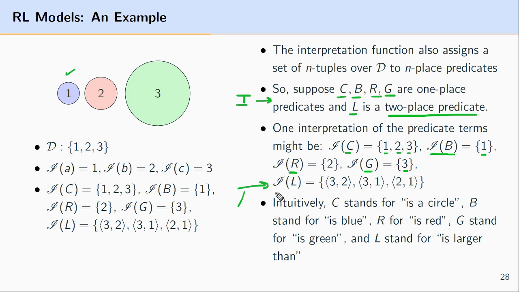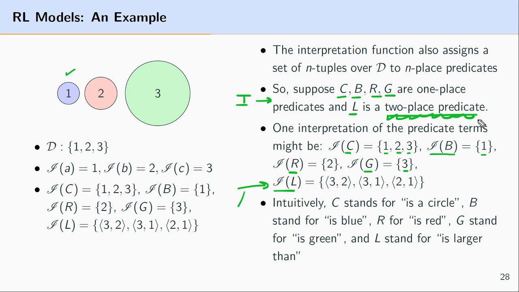Now the last interpretation is the interpretation of the two-place predicate term. And just for heuristic purposes, let's say L stands for is larger than. And so what this interpretation function will do is it'll pick out ordered pairs or a set of 2 tuples where the first object from the domain is larger than the second object.